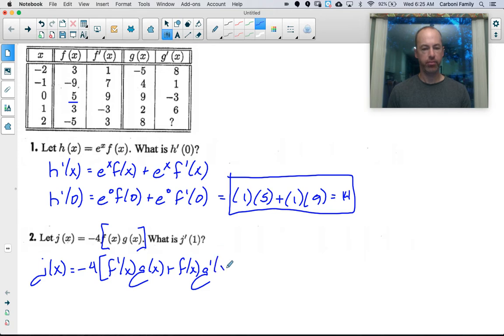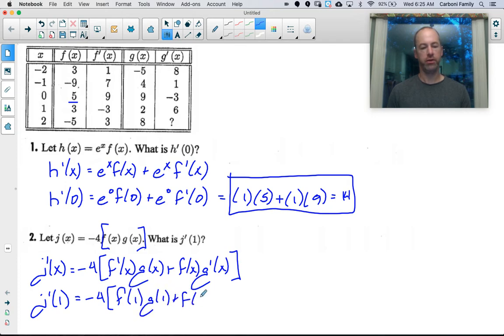And some of you may have the ability to skip writing the actual derivative and go straight to, whoops, this is j prime, and go straight to this step that I'm writing right now. Negative 4 f prime of 1, g of 1, plus f of 1, g prime of 1. You may be able to skip straight to this step.